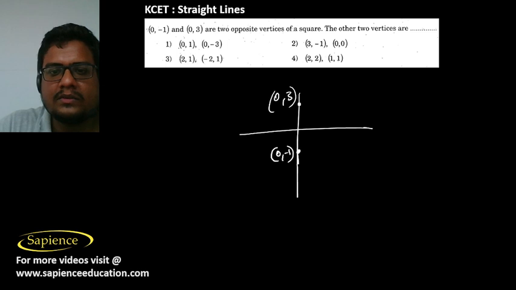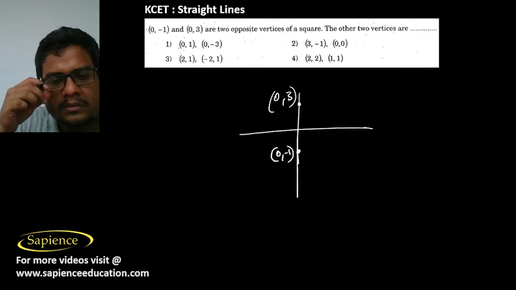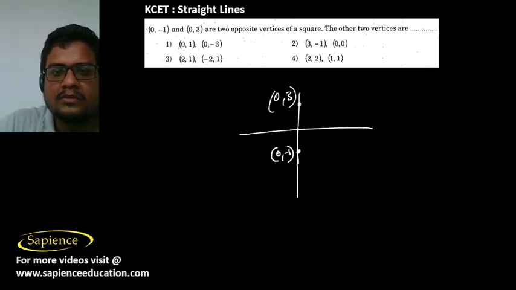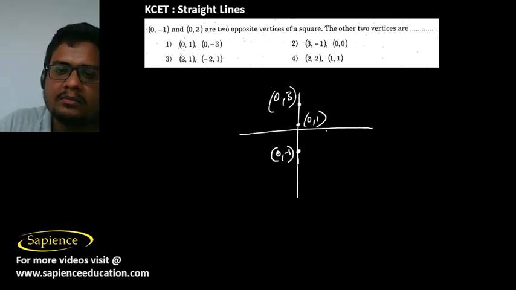Then the other two vertices are, we know that the diagonals should bisect each other perpendicularly. So the midpoint of this diagonal, we have to take, that will be (0, (3 minus 1) by 2).